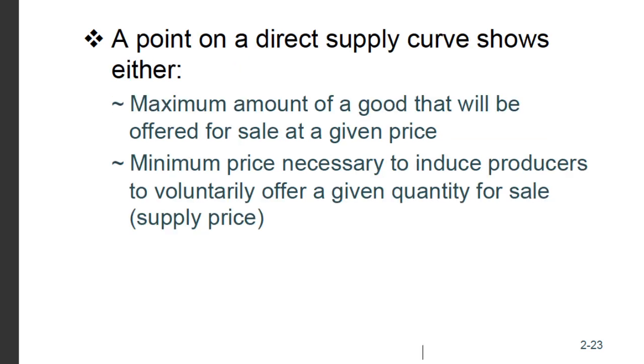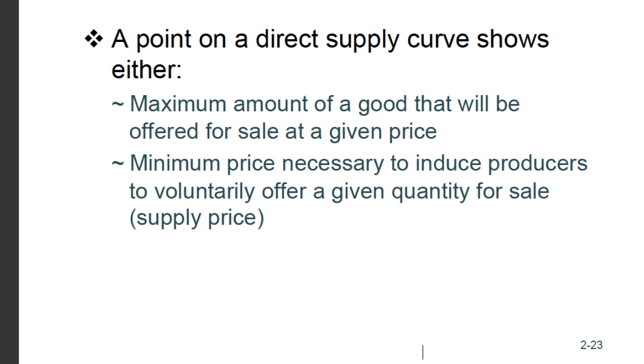Remembering that any point on a direct supply curve shows the maximum amount of a good that will be offered for sale at a given price. So that's the perspective of the firm.